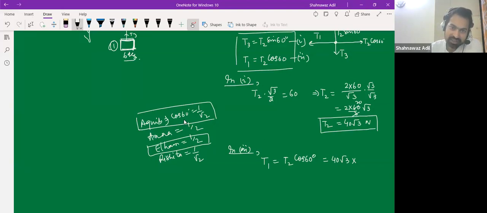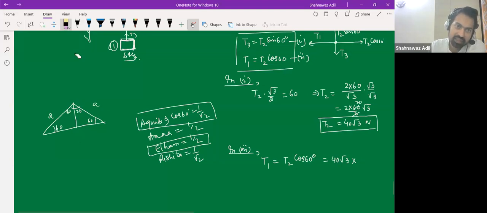I don't want to prove this fully, but if you have a triangle with this angle 60, this is 30, this is 30. If this side is A, the median divides it into A by 2 and A by 2, so the height would be root 3 A by 2.